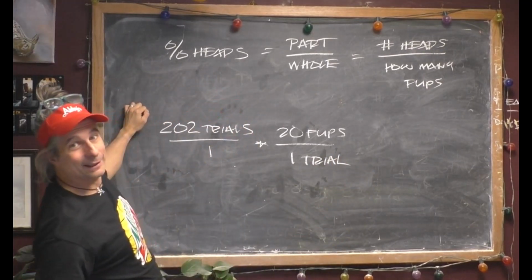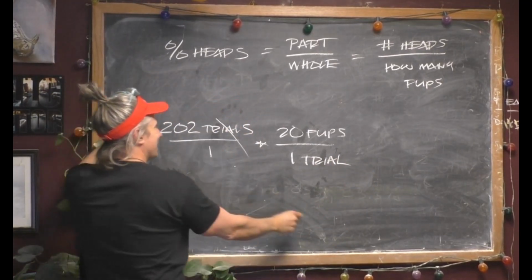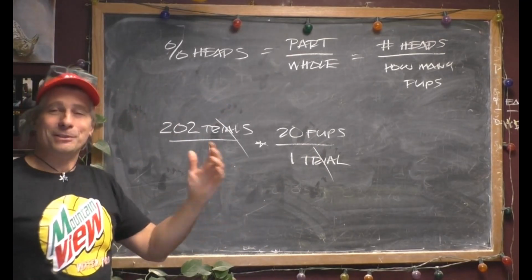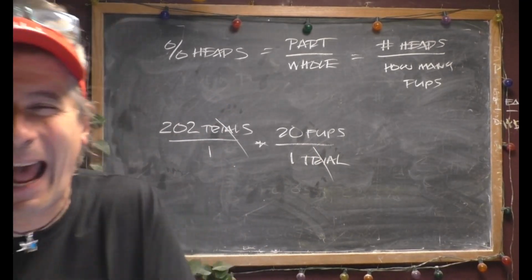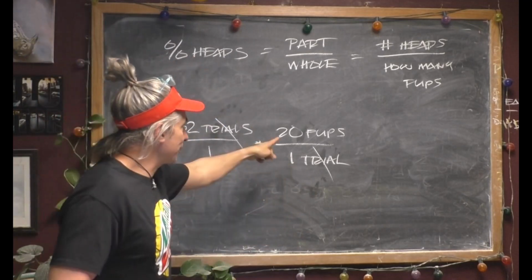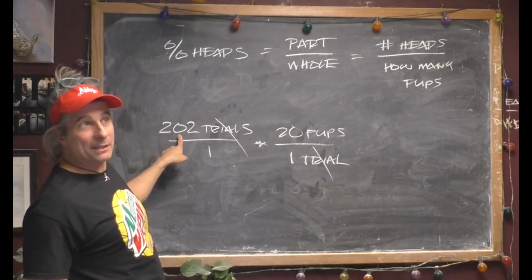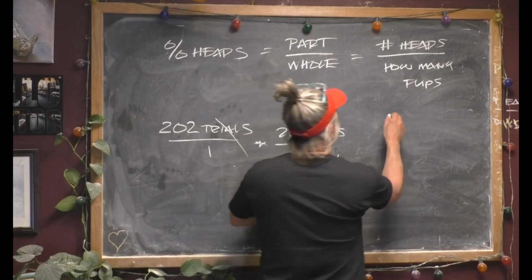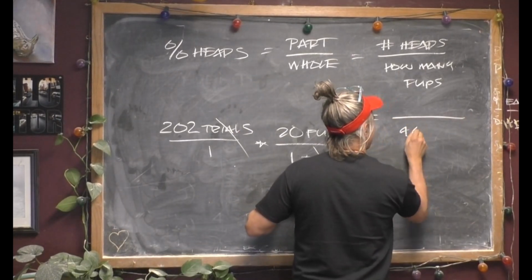Just when you think you're done with dimensional analysis, you're never done with dimensional analysis. So, how many times did we actually flip the coins? Well, 20 flips, 202 times, that's going to be 4,040 total flips.